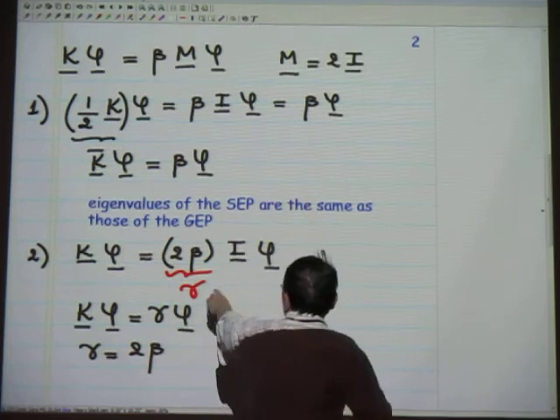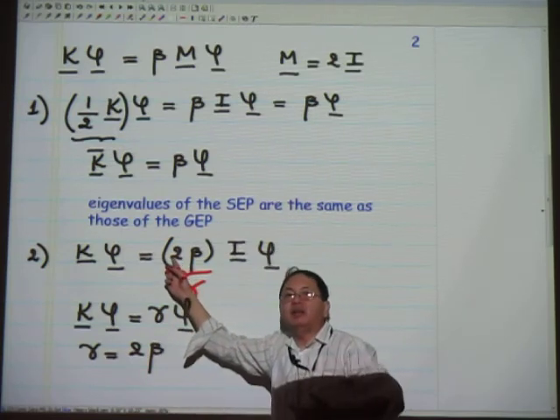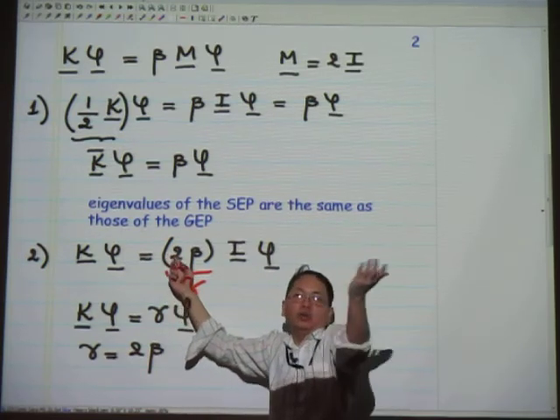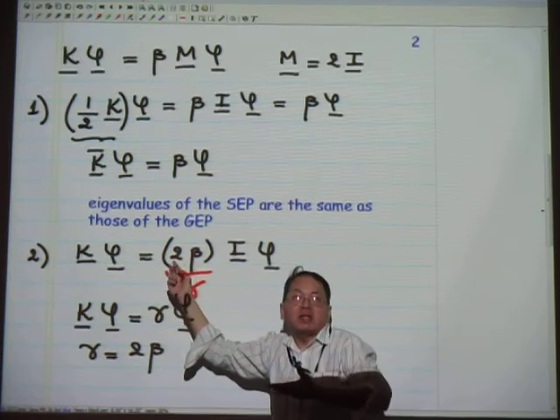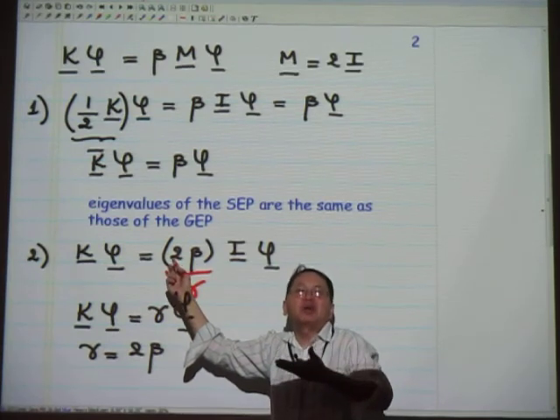If the factor was different from 2, then whatever that factor is should be here, 1.3 if you like. But the problem statement says it's 2. Don't use 1.3.